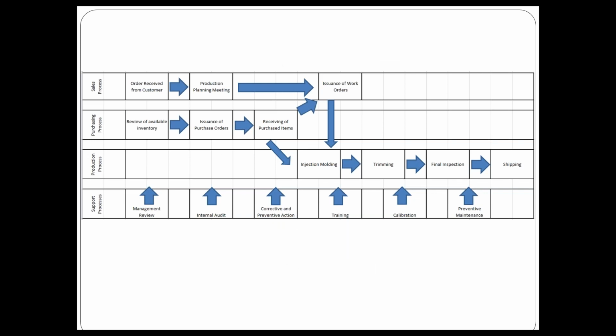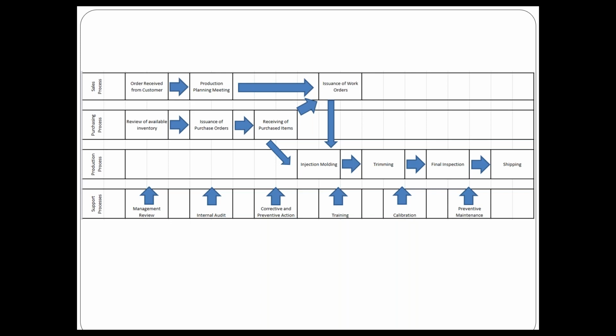This particular type of IOP is typically referred to as swim lane. So if we look at this carefully, we identify that this organization has 3 core processes: sales, purchasing, production. And it's interesting to note that these processes start independent of each other.